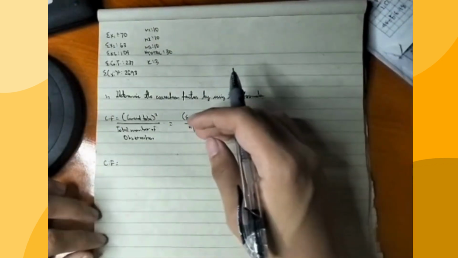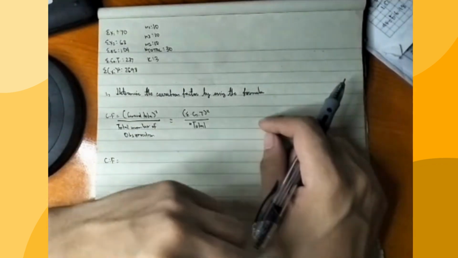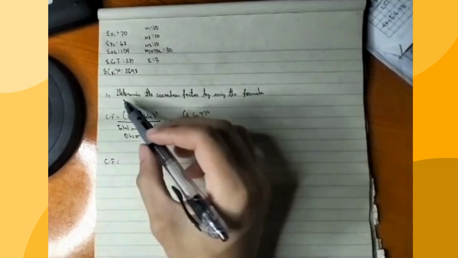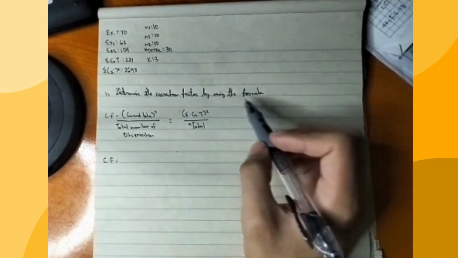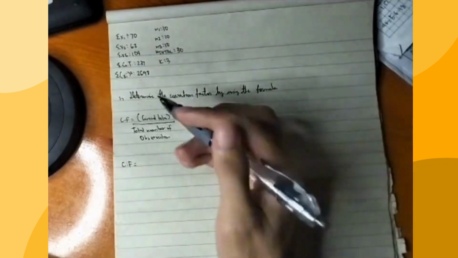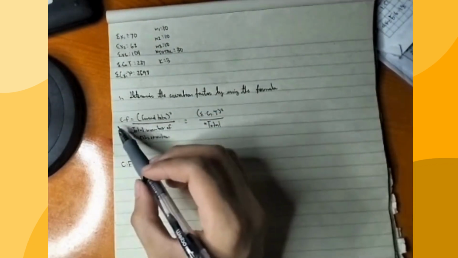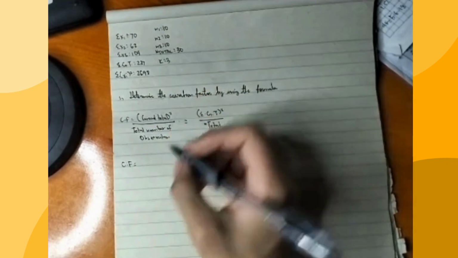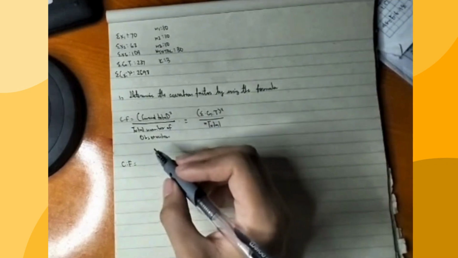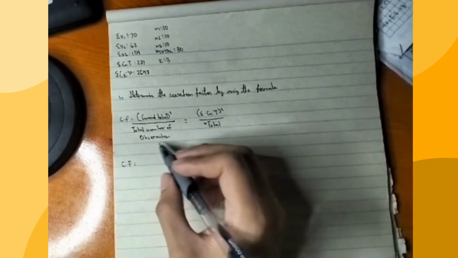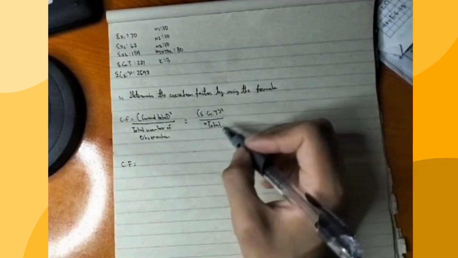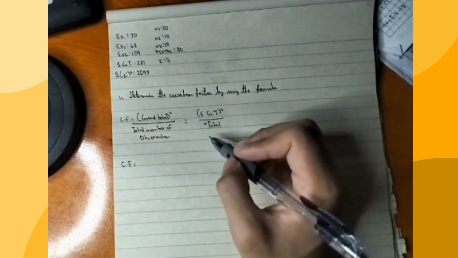After that, we're going to proceed to the first step of solving one-way ANOVA. At first, we're going to determine the correction factor by using the formula. So CF, or correction factor, is equal to the grand total squared divided by the total number of observations. So CF equals GT squared divided by n total.